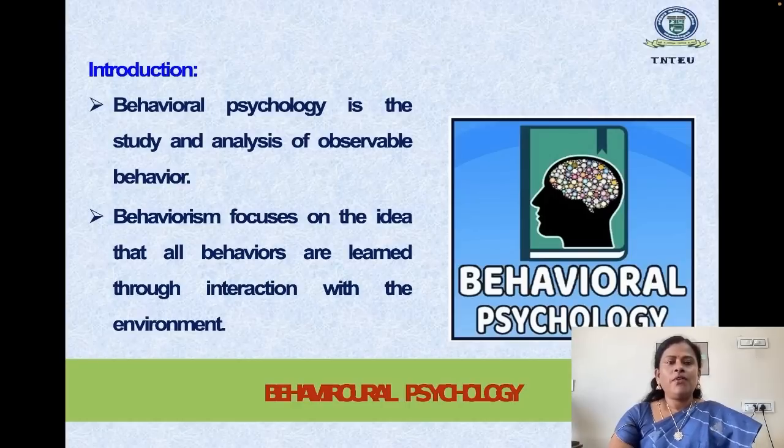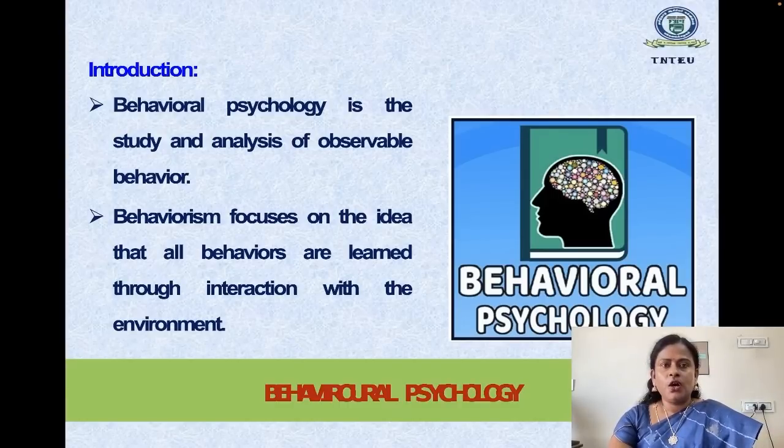Introduction. Behavioral psychology or behaviorism is a theory suggesting that environment shapes human behavior. In a most basic sense, behavioral psychology is the study and analysis of observable behavior. This field of psychology influenced thought heavily throughout the middle of the 20th century.